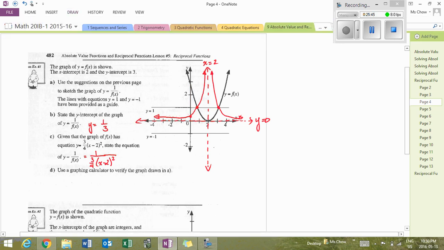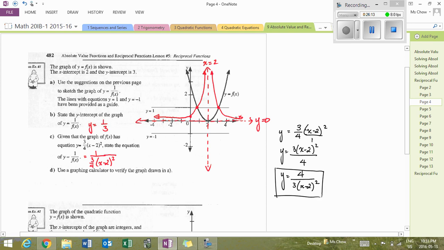So something to remember is that if I've got 3/4 times (x minus 2) all squared, that's all just in the numerator, so that's 3 times (x minus 2) all squared over 4. So if we take the reciprocal, then it's 4/3 times (x minus 2) all squared. So that is your reciprocal function.